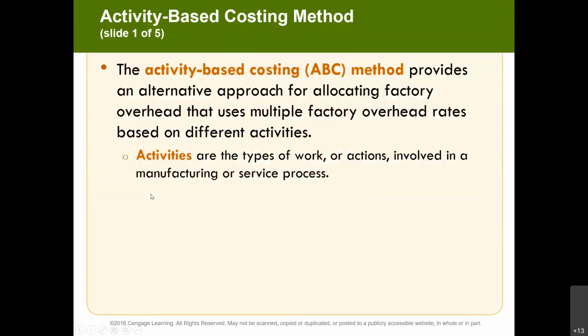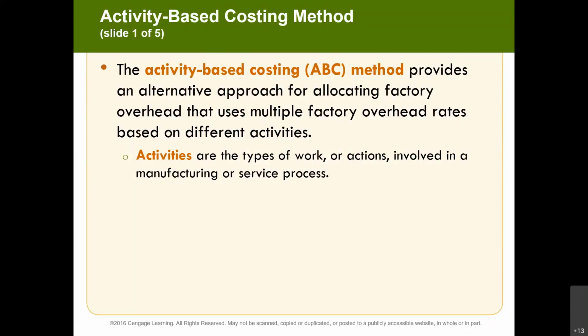Okay, so that was a recap on department allocation for factory overhead. Now, let's talk about the meat and potatoes of this chapter, and that's activity-based costing. We did touch a little bit on activity-based costing in earlier chapters, but this really puts everything together for us in a holistic approach.